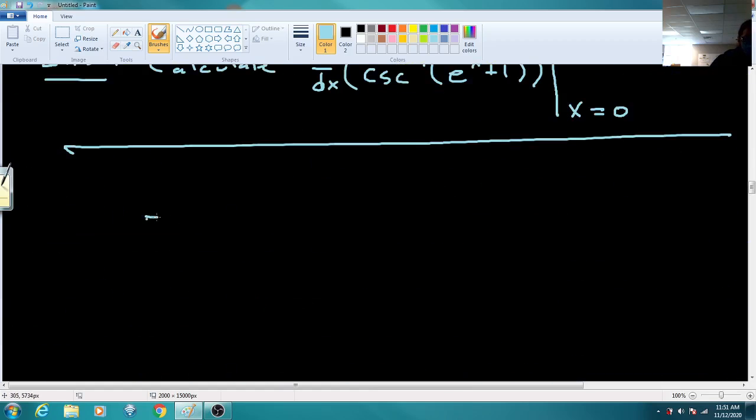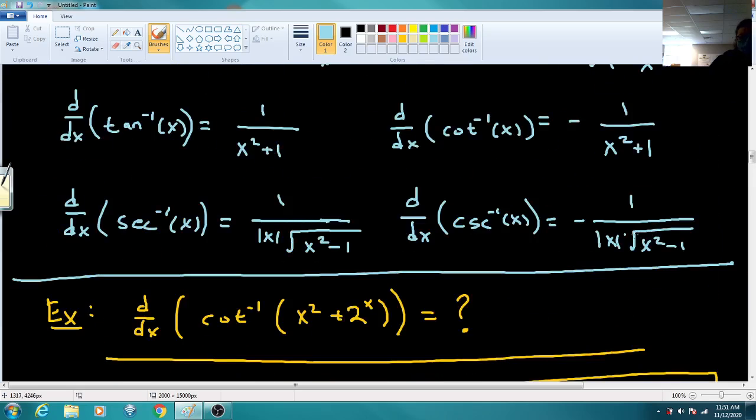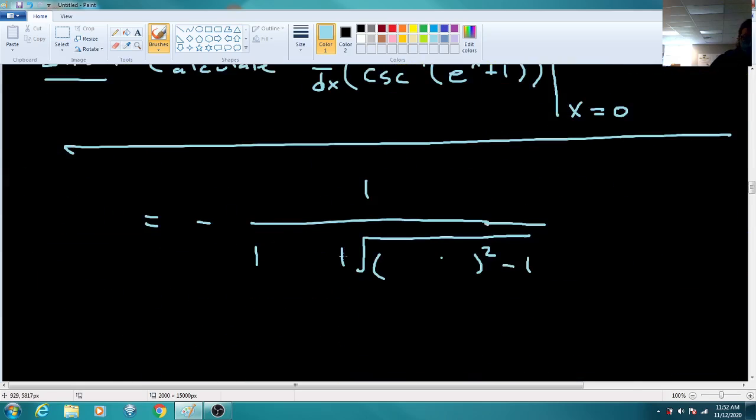So this is negative 1 over, I'll create a spot for where the absolute value of x was, times the square root of, create a spot where the x used to be, minus 1. Double check, make sure I didn't mess that up. Basically where these two x's are, we're creating a spot, and what goes in the spot is e to the x plus 1.